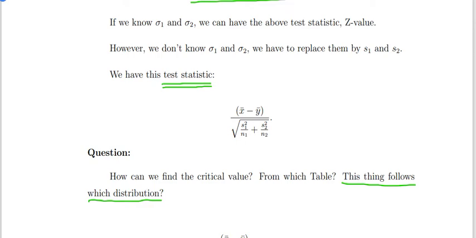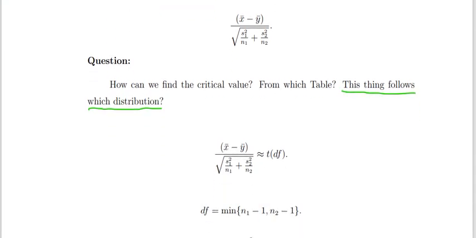Also, maybe these things do not follow Z, do not follow T, but follow others. Then we want to find which distribution these things follow. Such a question is actually tough.